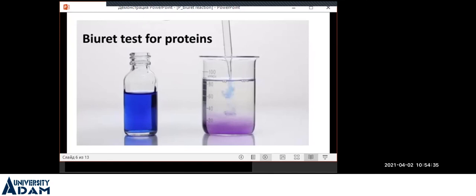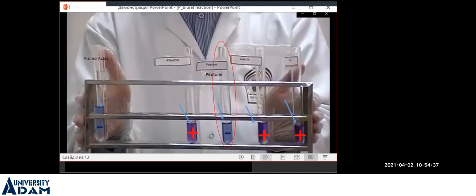And if we come back to our PowerPoint presentation, as you remember, we can see this page again, and as you see, two test tubes give us a negative result, and three give us a positive result.